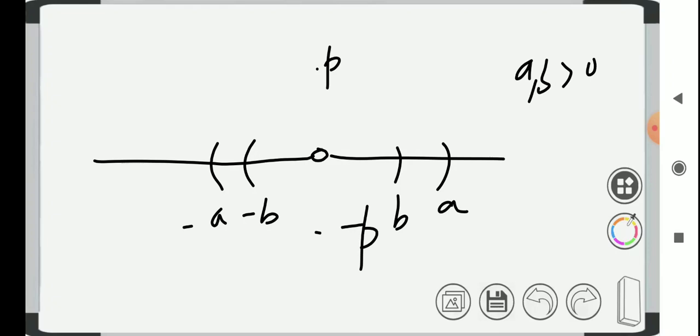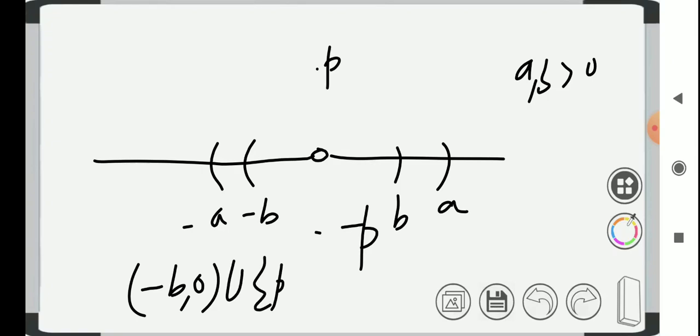These are the two neighborhoods which contain the point P. From the observation, it is clear that we can choose the intersection to be minus B 0 union P union 0 B, which is clear from the figure. You can choose this interval which is contained in the intersection of these two basis members.